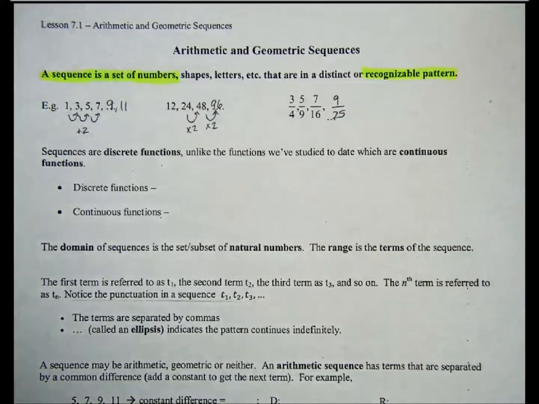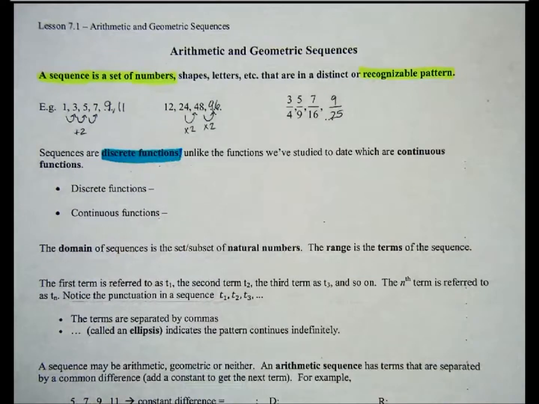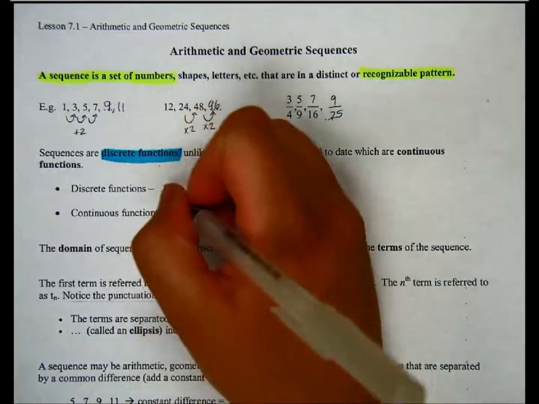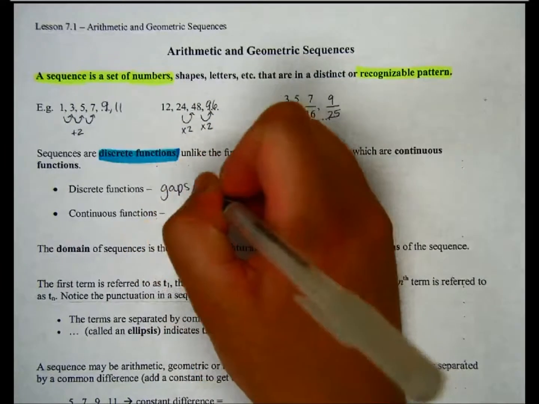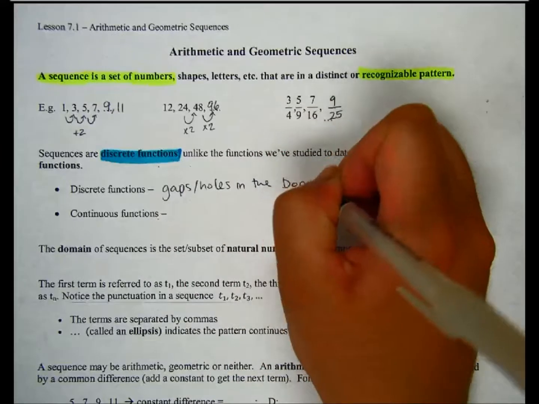All right, so sequences are discrete functions, which we sort of briefly touched on back in Unit 3. And remember, discrete functions means that they have gaps or holes in the domain and range.